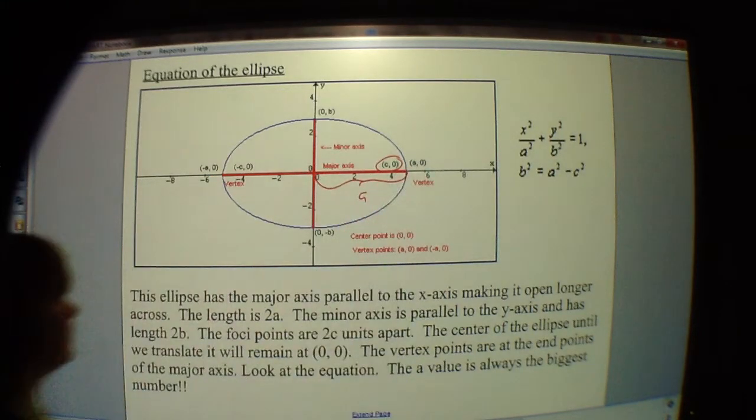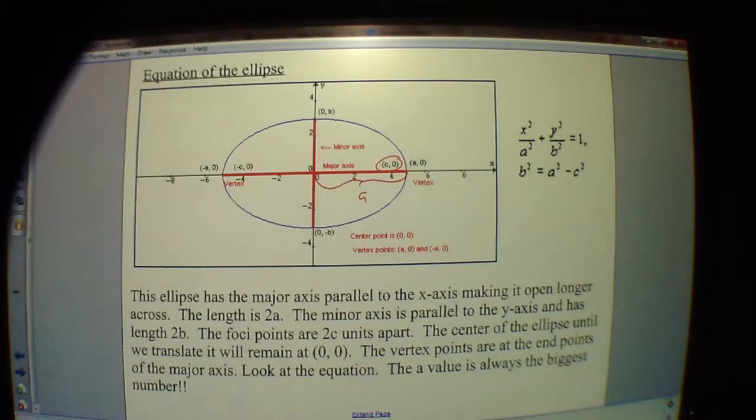The minor axis is parallel to the y-axis, and it has a length of 2 times B. The focus points are 2C units apart, because one's C to the right, one's C to the left. The center of the ellipse, until we translate it, will be (0, 0). We will translate them also.